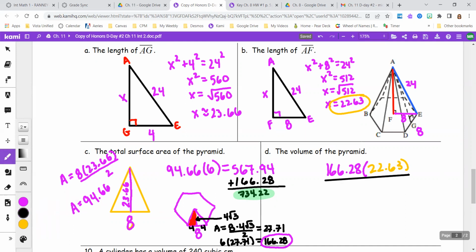I'm going to divide it by 3, and that's going to give me my volume. So let me get these values. And I get 1,254.14. If your numbers are slightly off from mine, I kept everything in my calculator. I rounded it on the paper, but I kept it in the calculator accurate. So you might be off a little bit from what I have, but hopefully this helps you out.